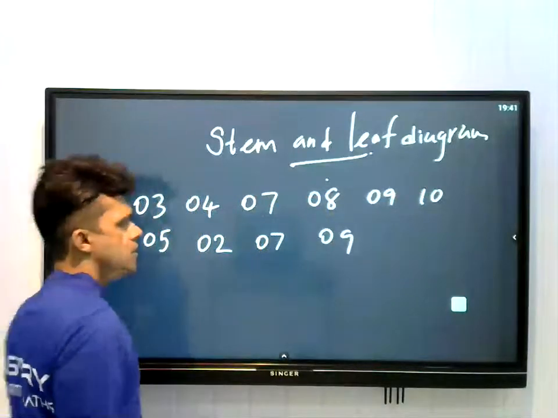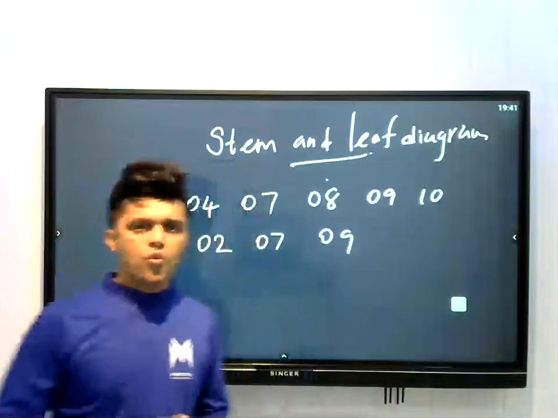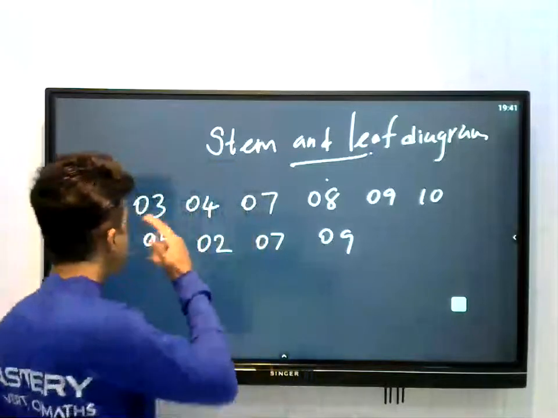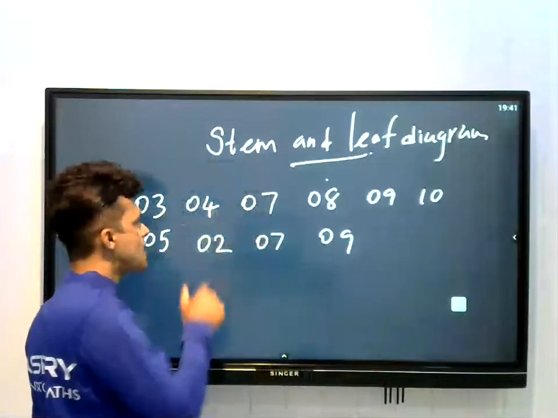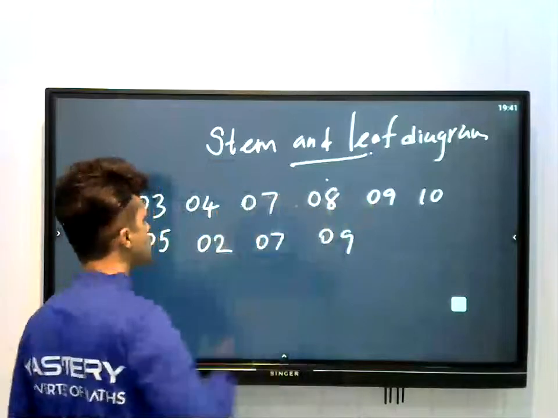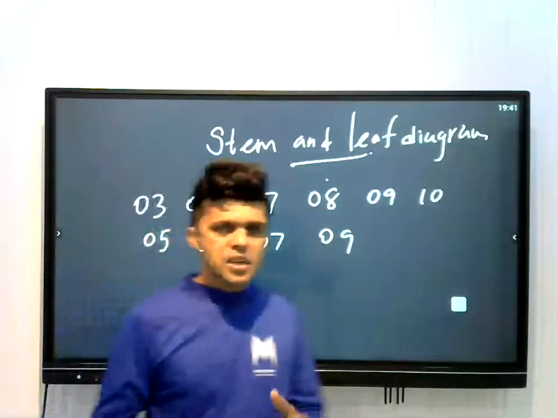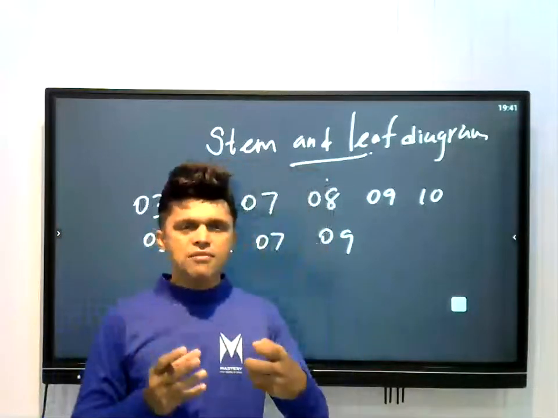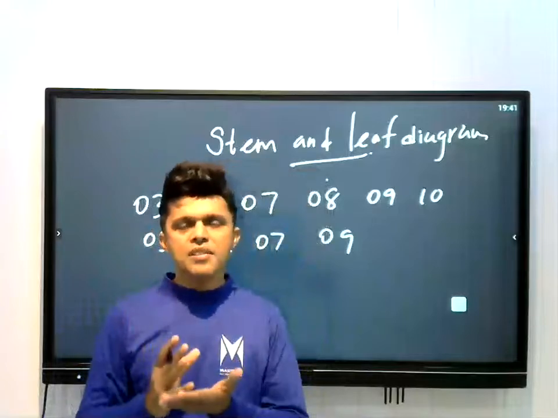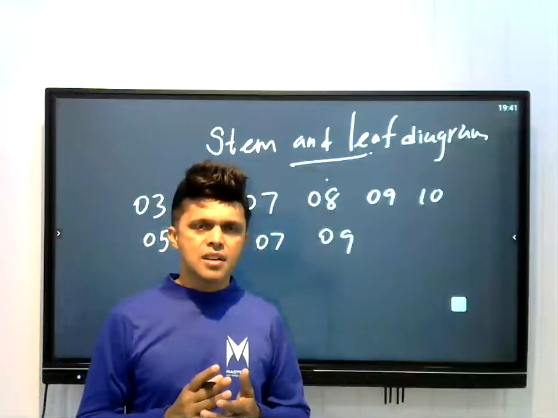So one student has taken 3 marks, the other student has taken 4 marks, and there are 10 students in this class. These are the marks given for the students for a maths test.